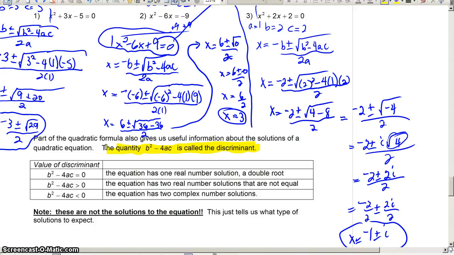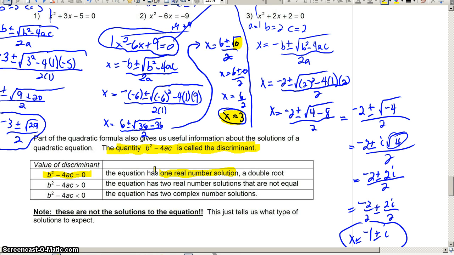You might remember back in example 2, you can see right above here, that really we came up with one answer. Now, in example 2, the reason why is that our value inside of the square root was 0. So when b squared minus 4ac is 0, the equation just has one real number solution.